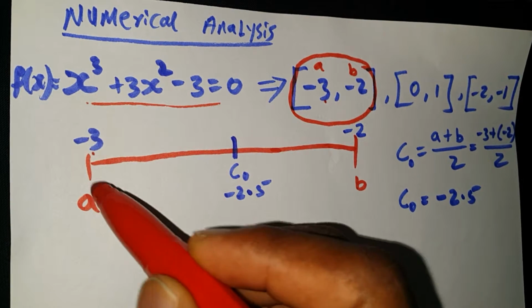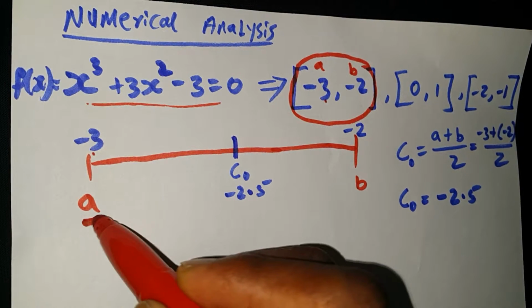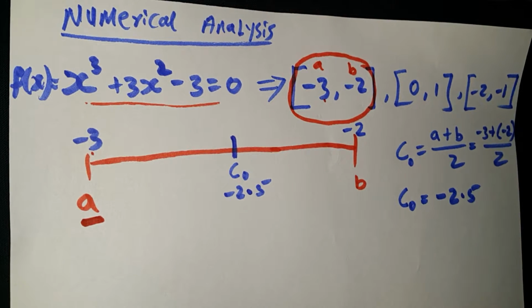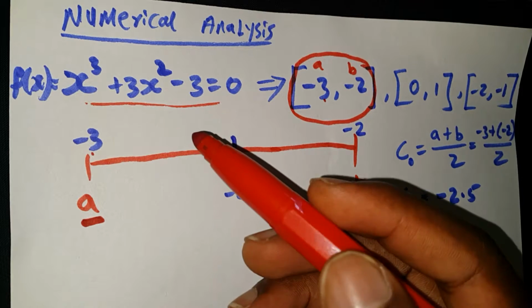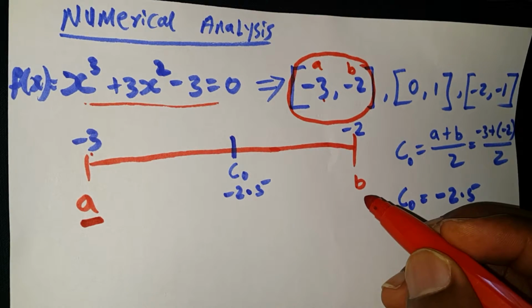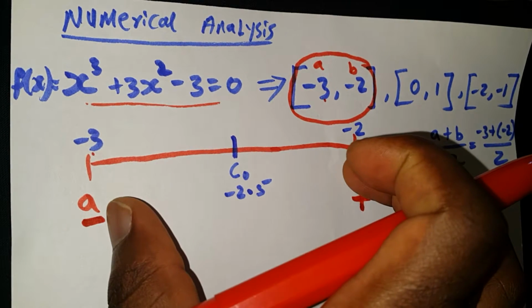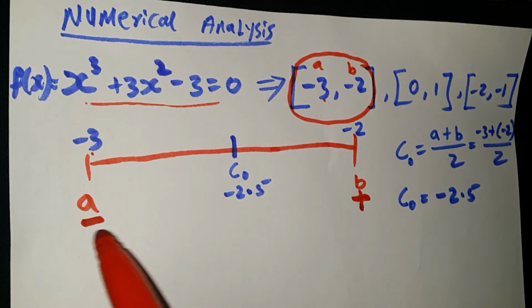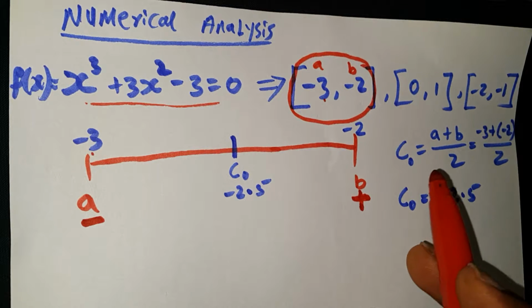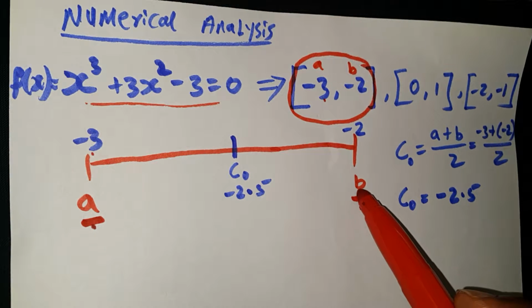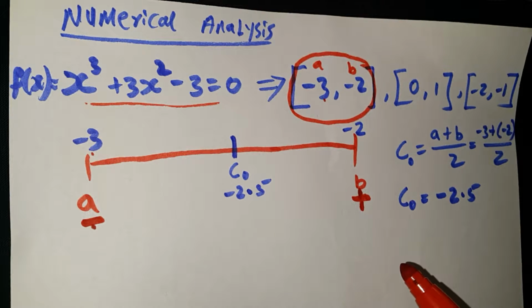Then if we put -2 into this function, we have a number greater than 0, which means it's positive. In this interval, we always solve for 2 different signs. If we have minus here and minus here, it will not work. You have to solve it when you have a minus sign and a positive sign.